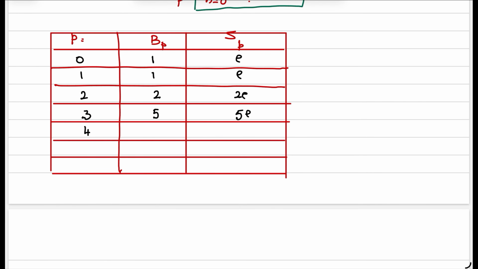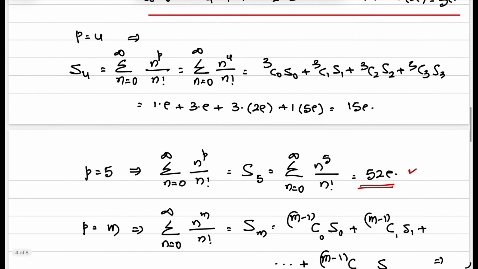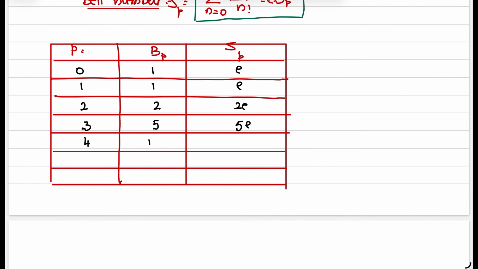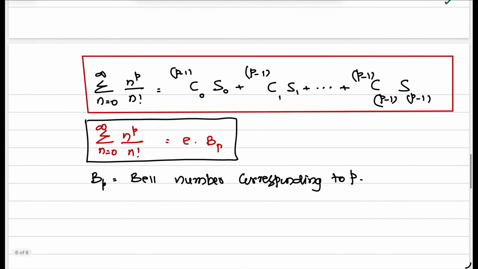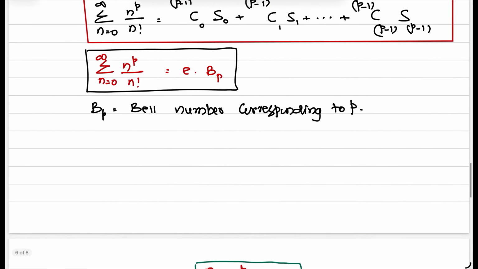For P equal to 4, it is 15e. And for P equal to 5, it is 52e.